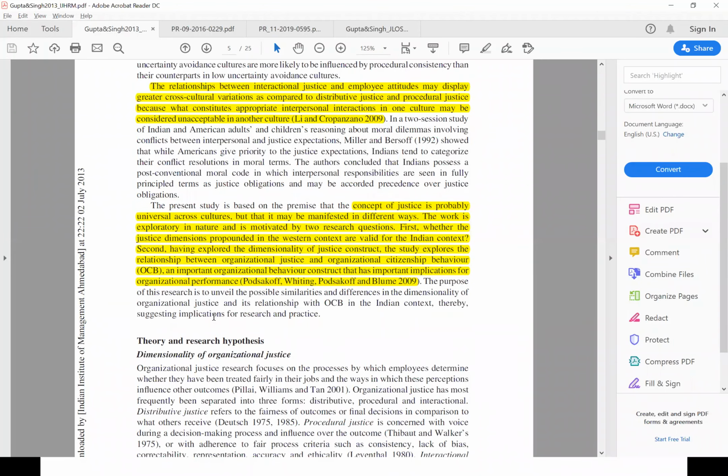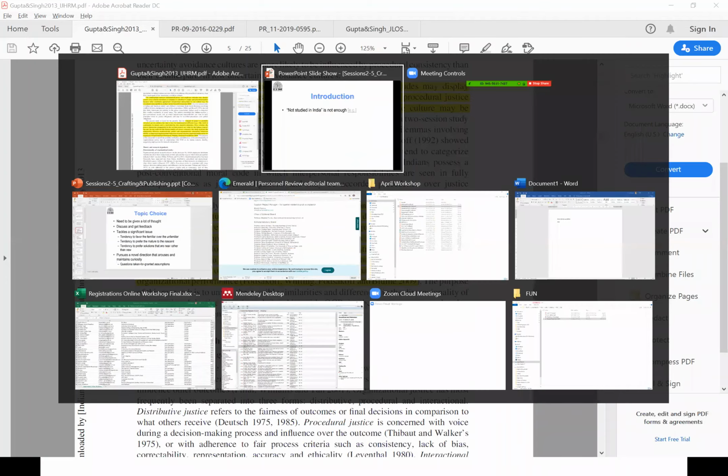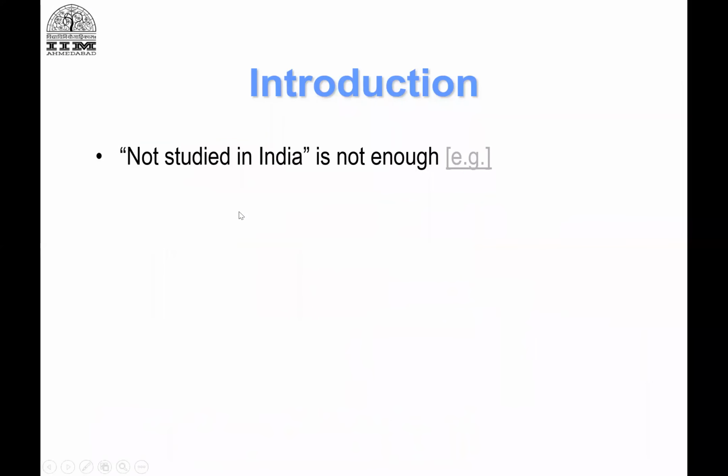And this is the introduction where, again, I say why it is important, what we don't know, what we are going to do, and what the contribution is that we are going to make in the study. So what I want to demonstrate is, please understand that just saying that this has not been studied in India, and so I am going to do this, is not enough.